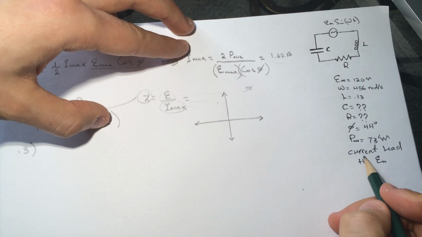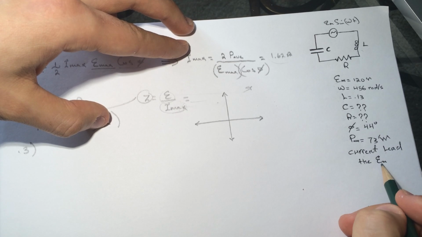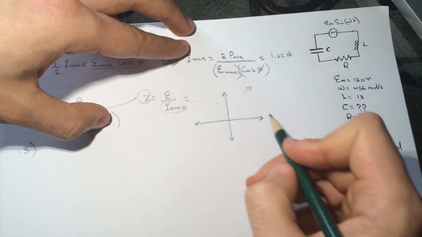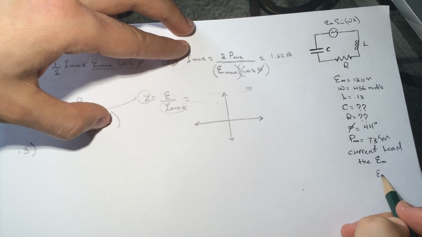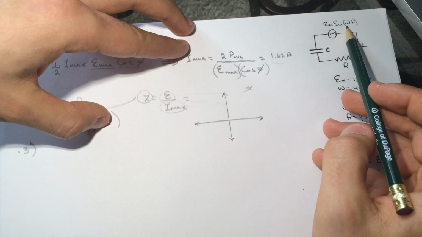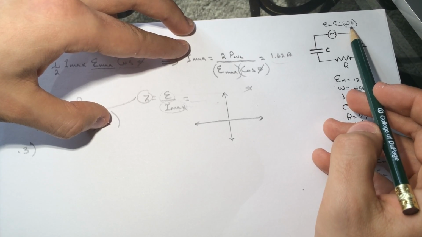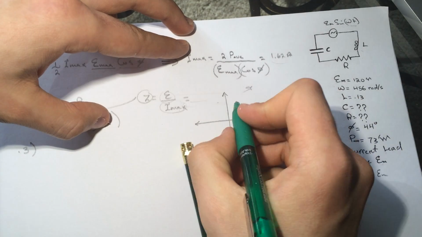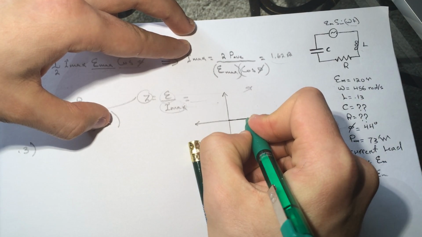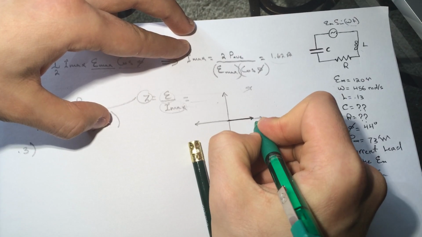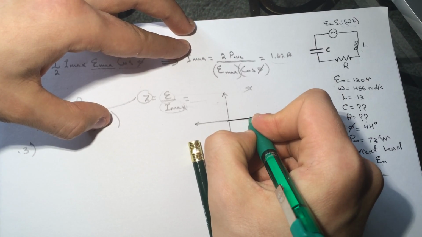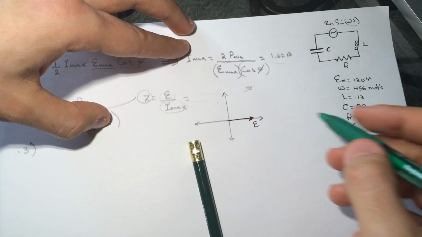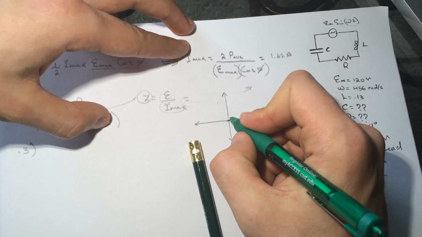So we know that the current leads the voltage of the generator. That means that the voltage starts, if you look back here, at time equals 0. It's starting at 0. So here is the voltage, and then the current is leading it by 44 degrees.